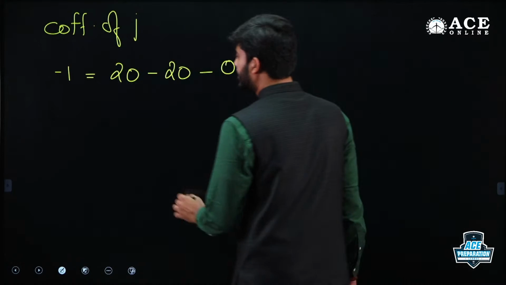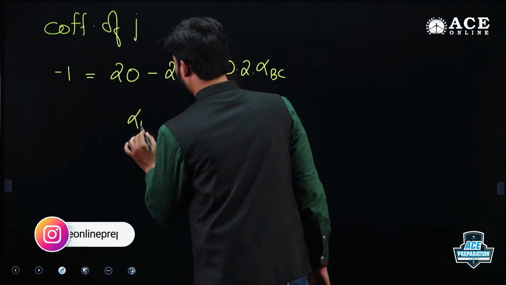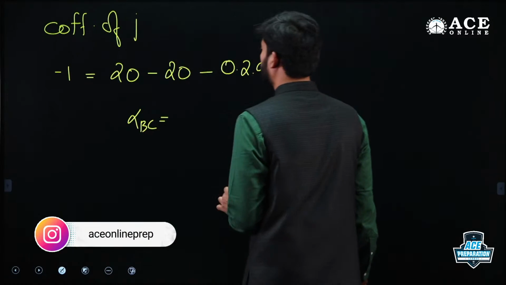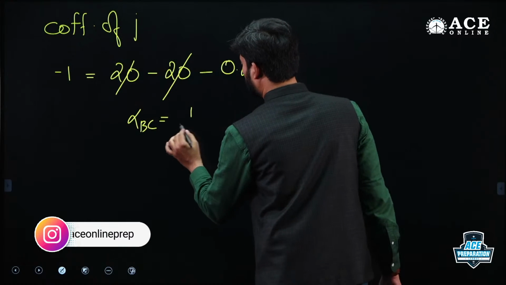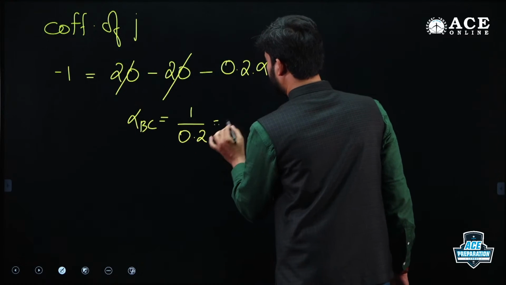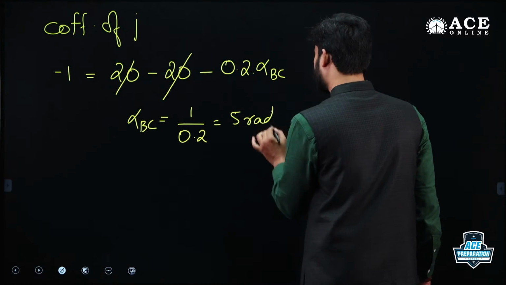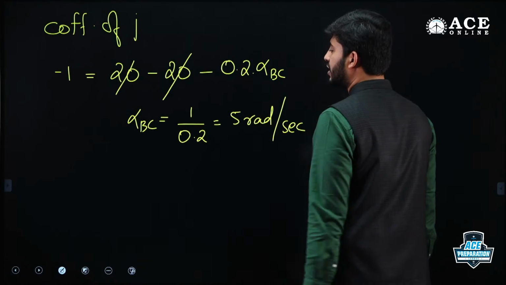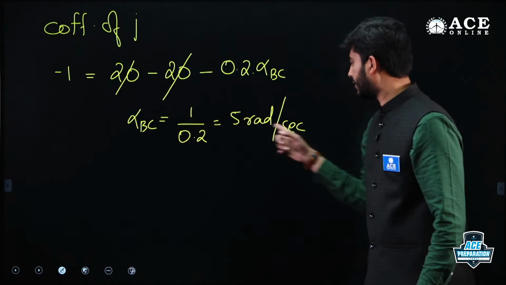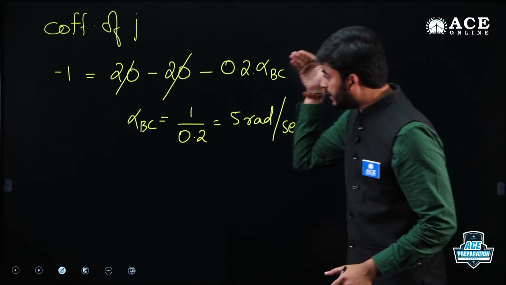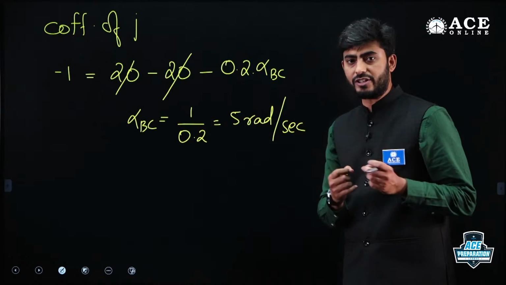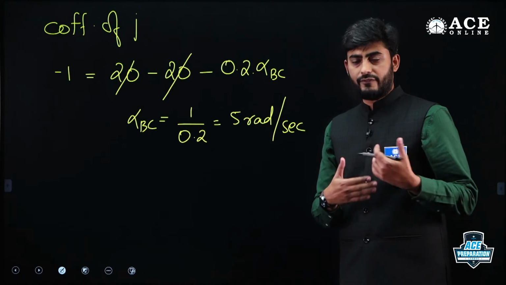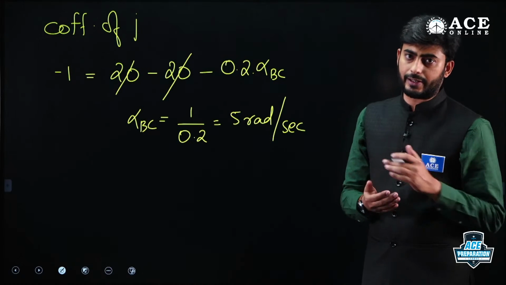So here alpha_BC will be equal to, this 20 and 20 are cancelled, 1 by 0.2, which is equal to 5 radians per second square. The direction assumed for BC is correct. I have assumed it in the third quadrant, and here I am getting a positive value, which means the assumed direction is correct.